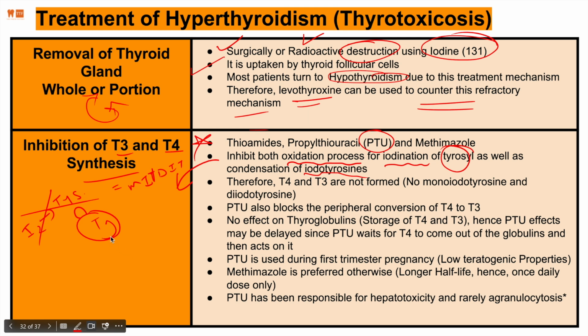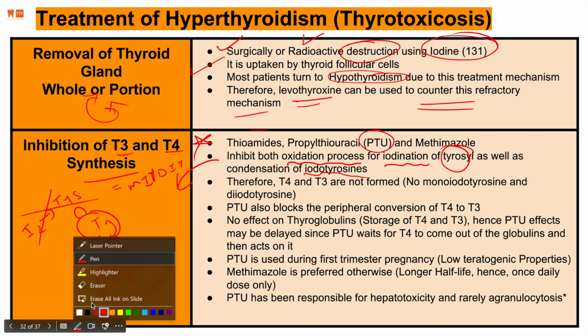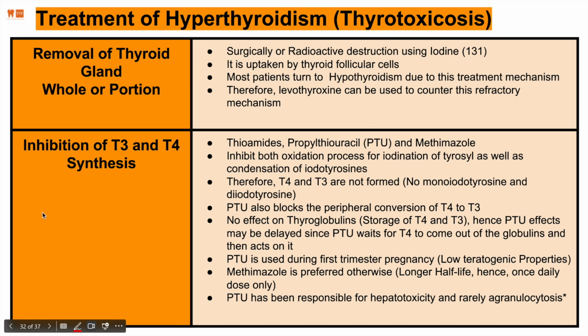Second, for the release of already existing T4 and T3 inside the storage, all you have to do is add more inhibition. It prevents the condensation. Condensation is the coupling that forms T3 and T4, so we produce inhibition there. So basically, oxidation and condensation are blocked.